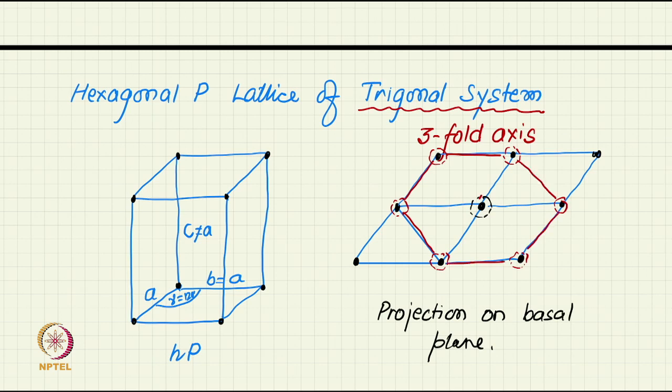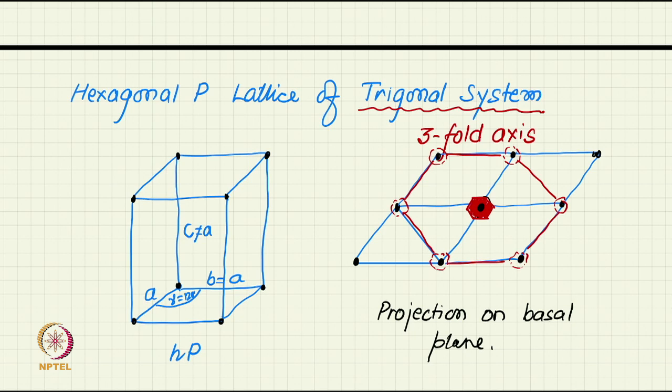Then how is it? If it has a 6-fold symmetry, let me draw a hexagon here to represent the 6-fold symmetry. So, you have a six-fold symmetry axis passing through each lattice point. So, it is obvious that this can belong to a hexagonal crystal system, but how does it belong to trigonal crystal system?